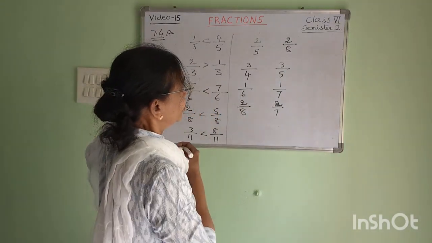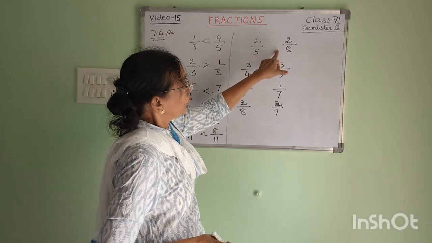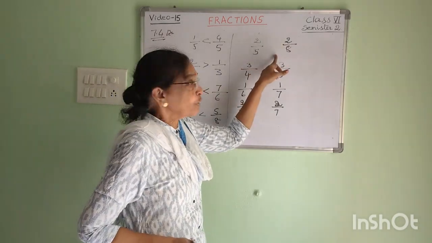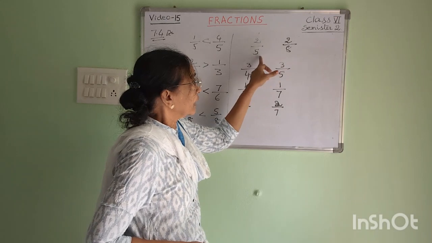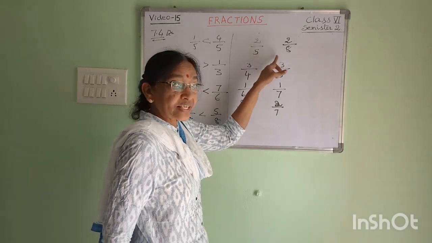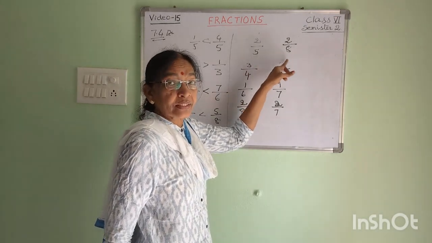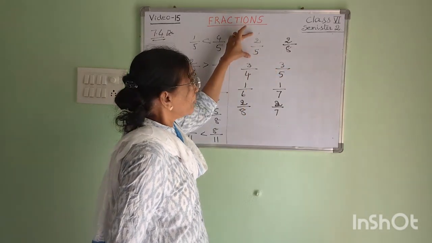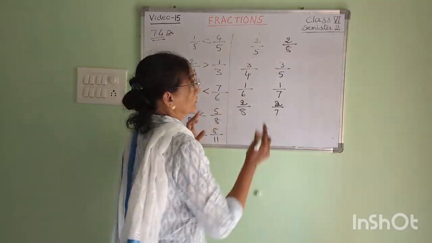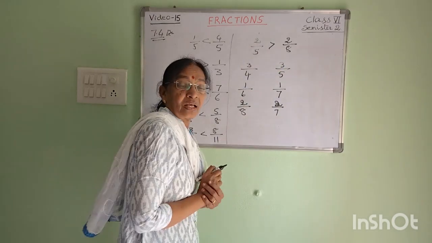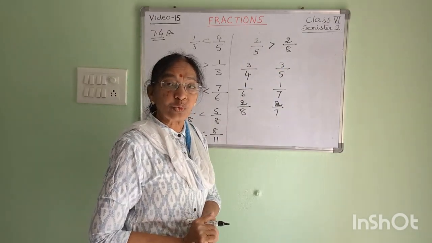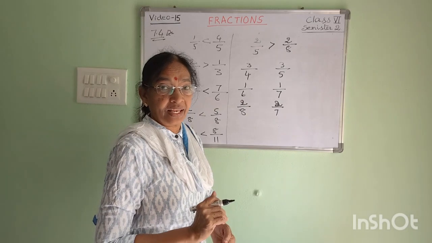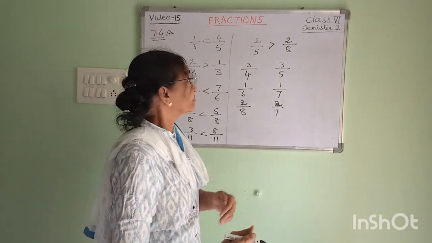Enough. So 2 by 5 and 2 by 8. Numerators are the same. So we will compare the denominators. 5 is less than 8. As these are denominators, if 5 is less than 8, this fraction is greater than this fraction. So the fraction whose denominator is less is greater.